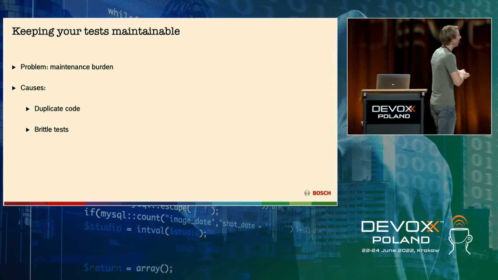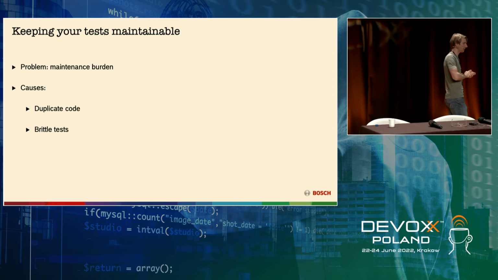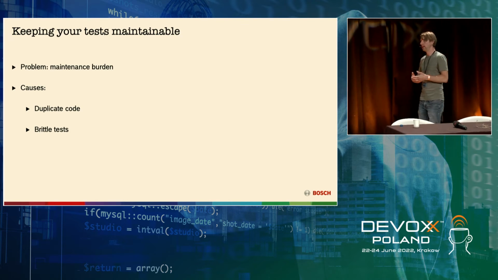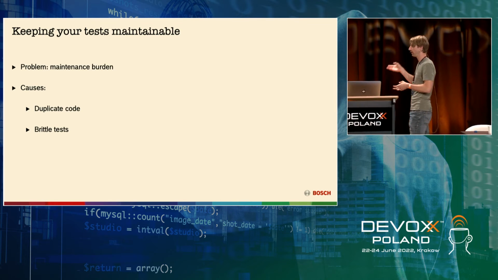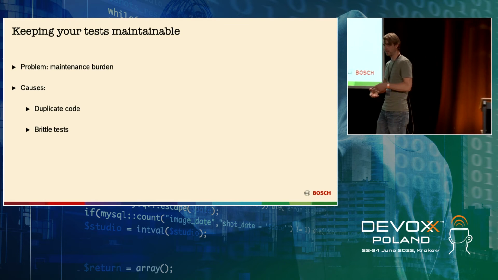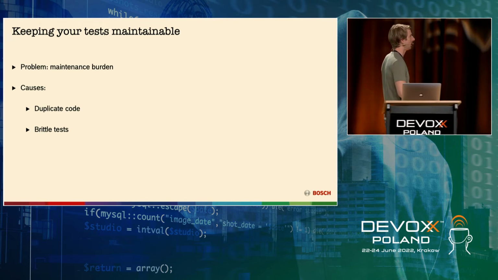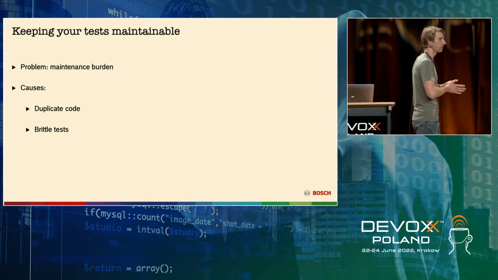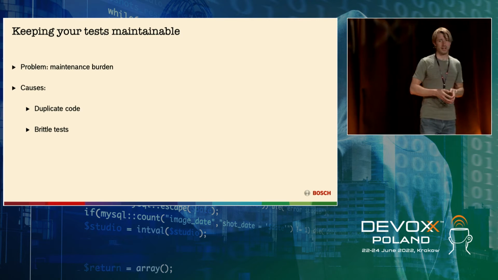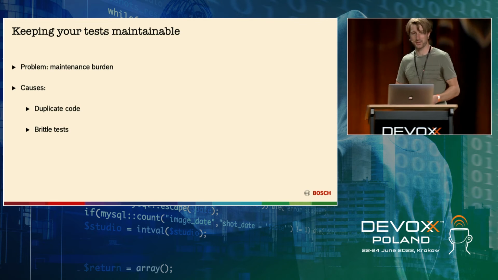If you feel like your tests are a maintenance burden, like it's really painful to work with them, and they slow you down if you change something in your production code, and then there's this huge list of compile errors in your test suite that holds you back, then maybe you have a lot of duplicate code. That could be one reason. Your tests might be brittle. Of course, these lists are not exhaustive, but these are just two I'm going to talk about.